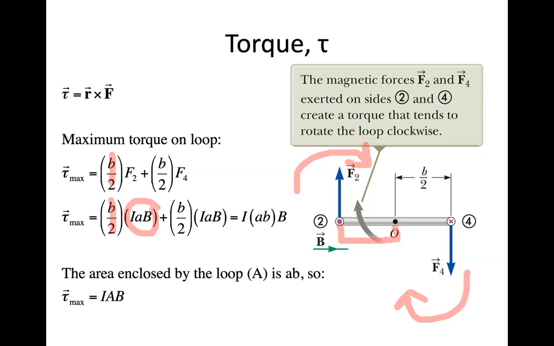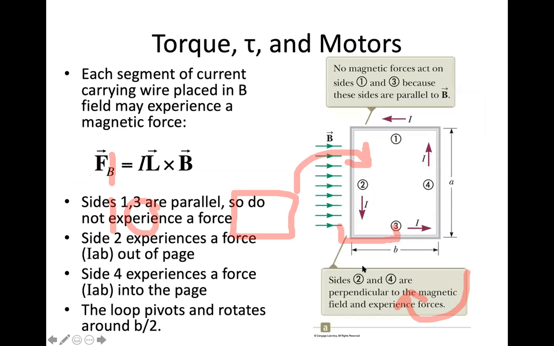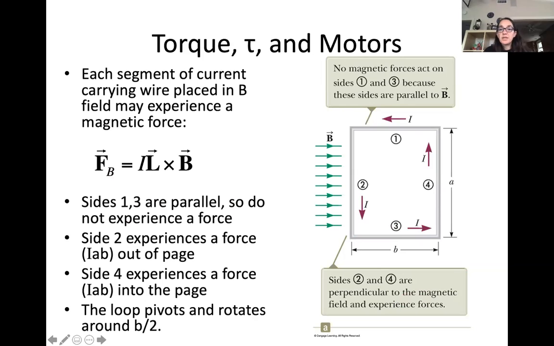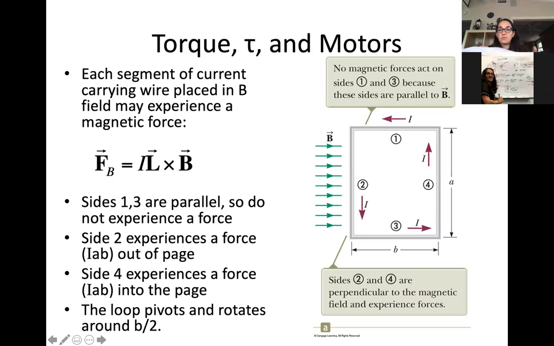So I'm going to add them and I get a torque of I times A times B times B. And what are A and B? Well, that was just particular to this exact problem, where A was this length of wire and B was that length of wire. So what ends up happening, like we said then, is we get a rotation, right?